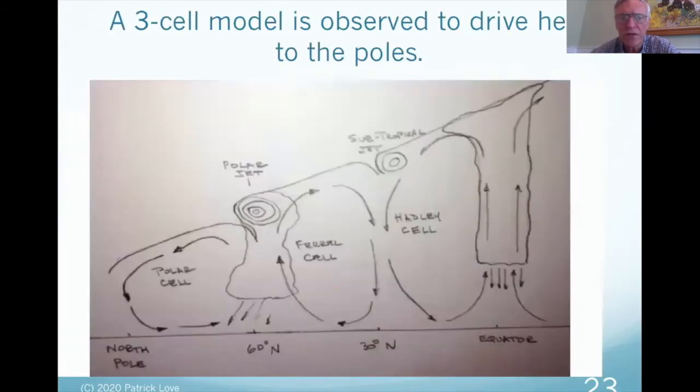So what do we get? We get this thing. So this thing, by the way, is a model of the circulation from the equator to the pole. Now, this model is not perfect.